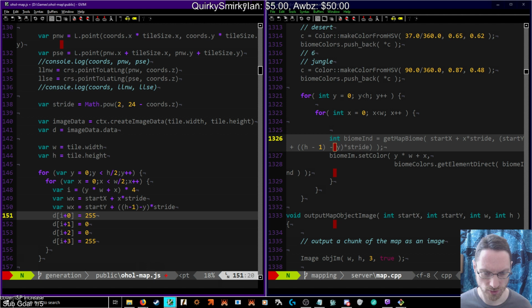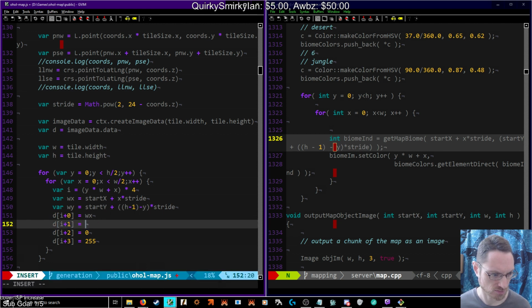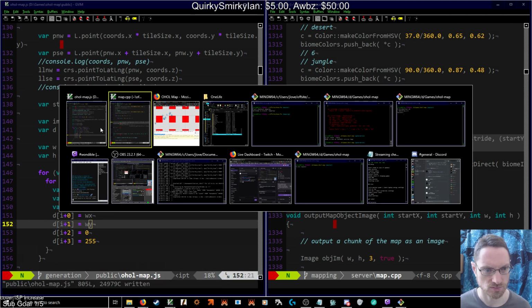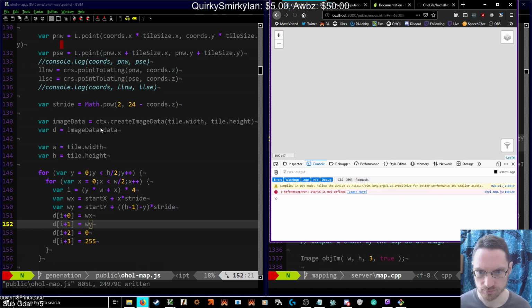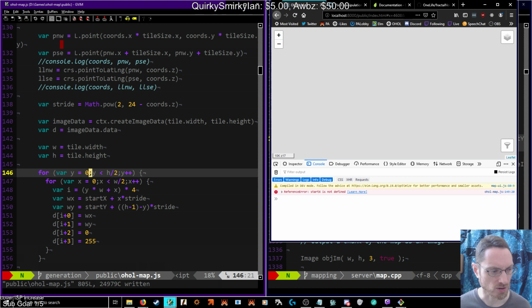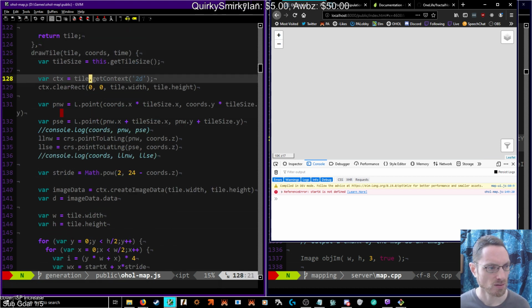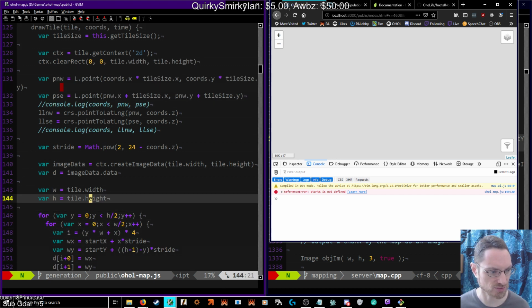So these will overflow a lot, but near the origin they might work. Right. So what we need is, we could try point northwest.